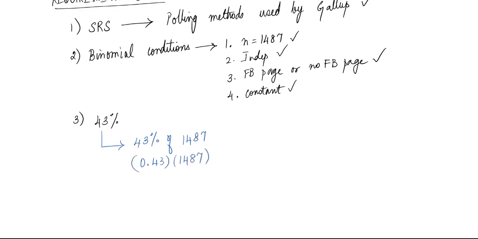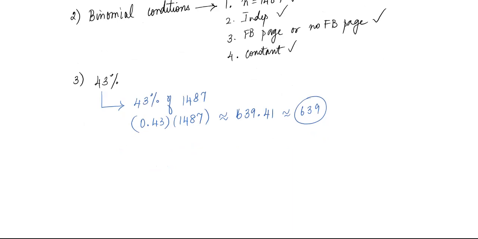I have my calculator beside me. You should also do that so that you can quickly check. You can also pause, but this comes out to be 639.41. Round it to 639, because that is the number of people who had a Facebook page.